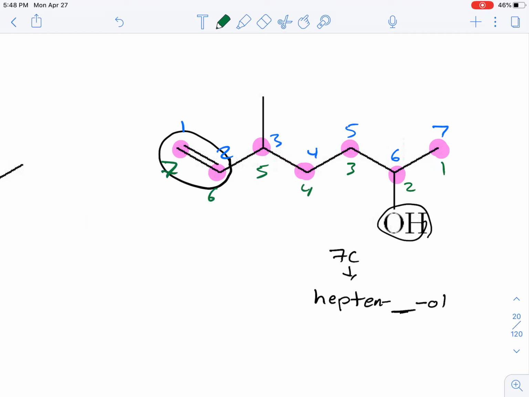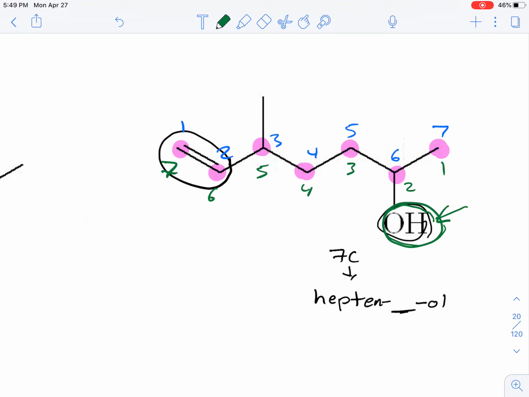Okay. And so if you guys are looking at the numbering scheme, when there's an alcohol present, this alcohol gets the priority. So we want to make sure that the alcohol has the lowest carbon number between the numbering schemes that we've made.